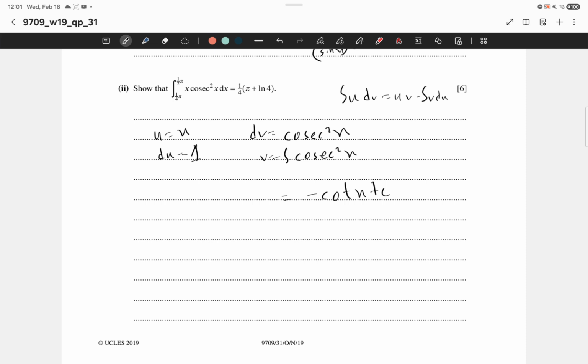So it should be integration of u is x, dv is cosec square x, v is negative cot x, so it doesn't look like uv, does it? Cot x, c is not necessary.